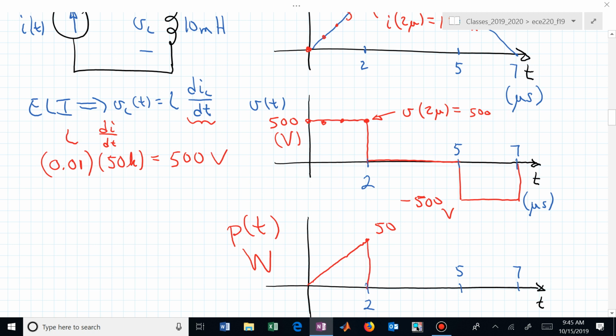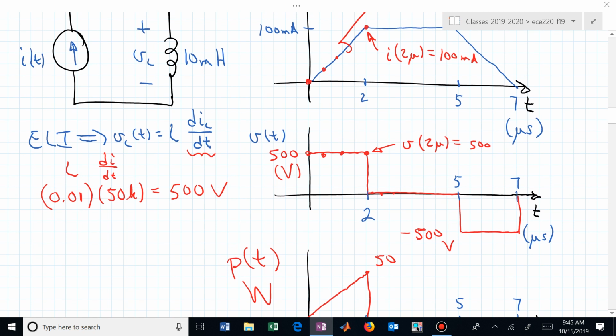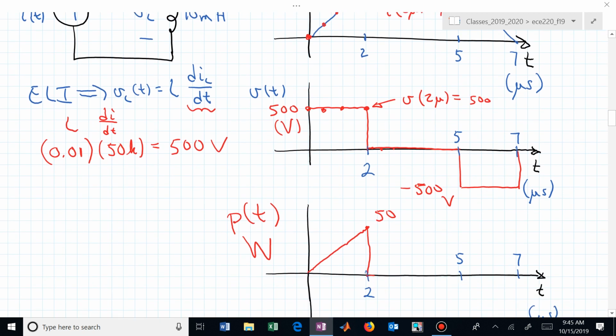And then after that point, the voltage is 0, and anything times 0 will give us 0 power. This now is our maximum power that we've now pushed in, or that the inductor is absorbing during this interval from 0 to 2.